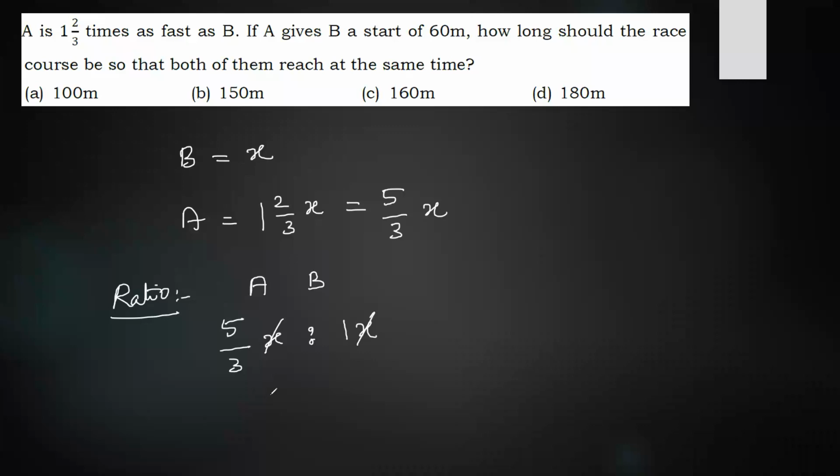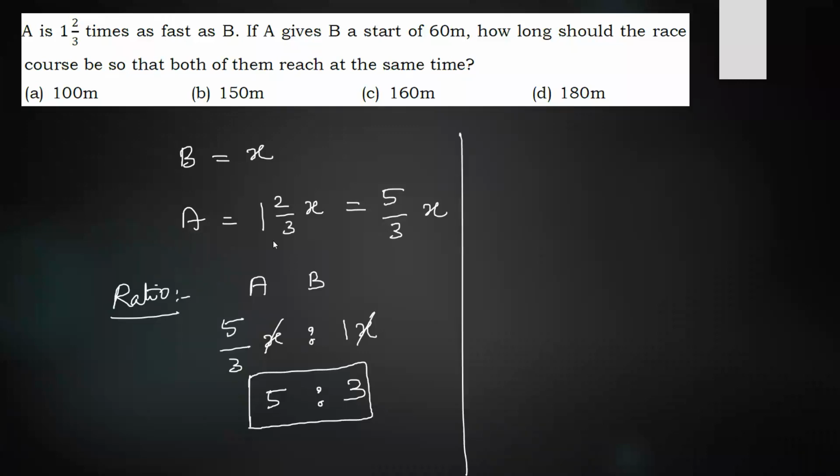If we take the ratio of A and B, 5 by 3x and 1x, the x gets cancelled. So 5 by 3, 1. Multiply throughout by 3, you will get 5:3. This is the ratio of A and B.